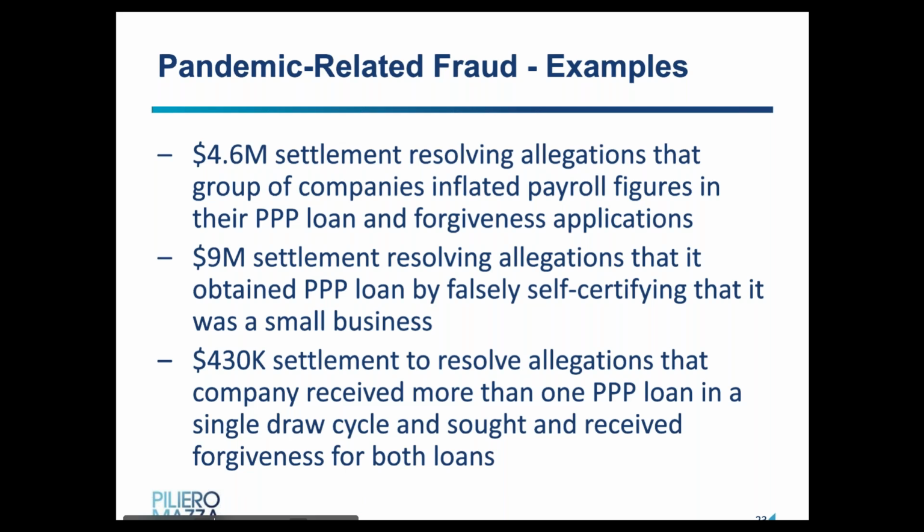Candidly, the DOJ doesn't seem to be going after the mistakes where people received 2 loans in one cycle but didn't request forgiveness because they recognized they were ineligible, but where they're seeking forgiveness of 2 loans in one cycle, I have seen that happen.